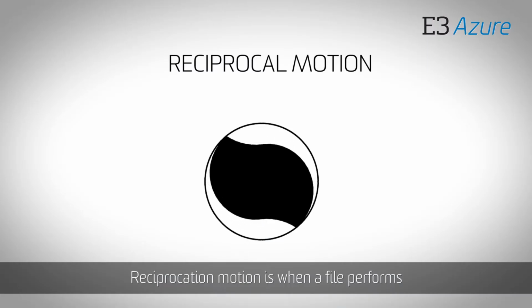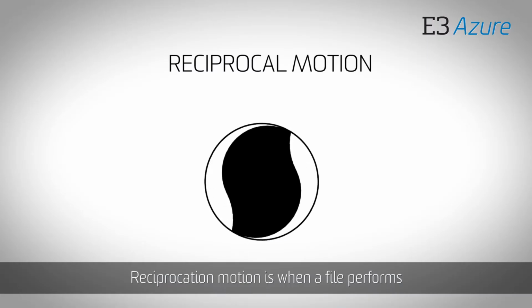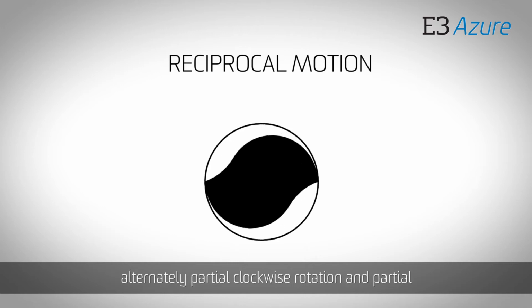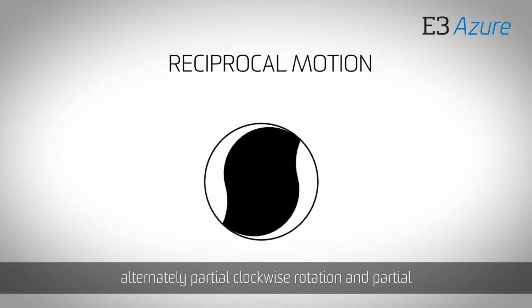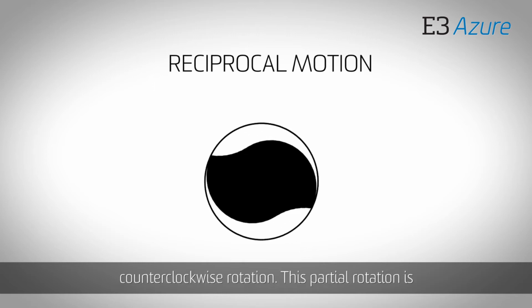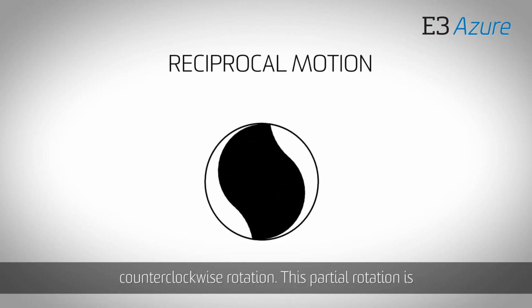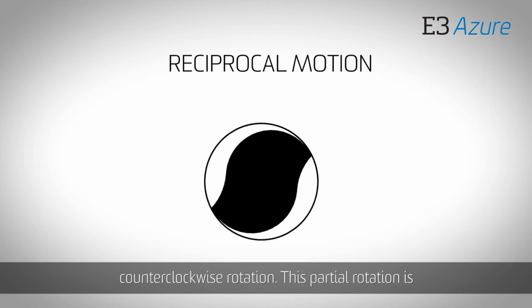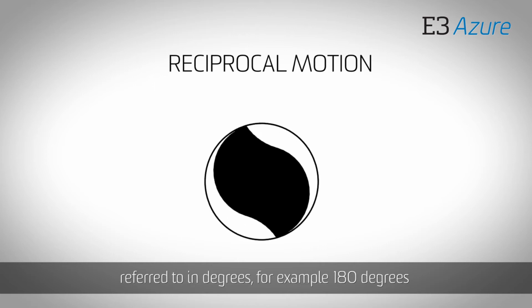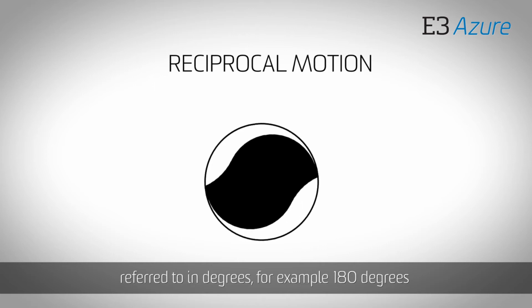Reciprocation motion is when a file performs alternately partial clockwise rotation and partial counterclockwise rotation. This partial rotation is referred to in degrees.